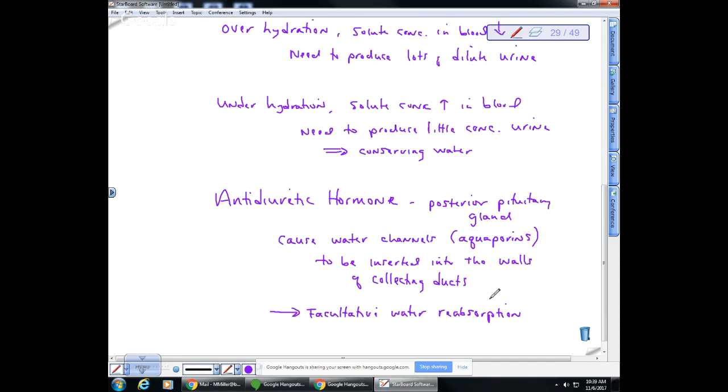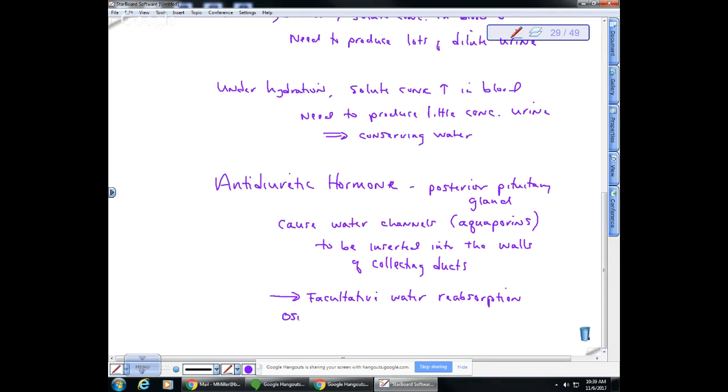And this water reabsorption is actually due to the solute concentration that was established by those long loops of Henle. Okay? So osmosis pulls the water out, due to the high external solute concentrations.